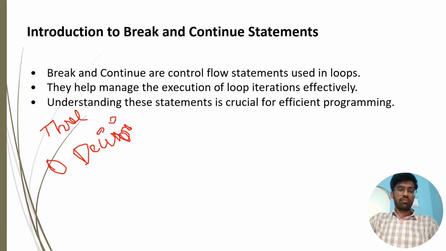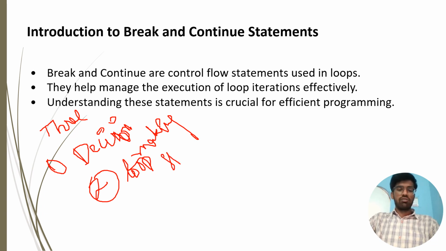Second one is looping statements, where we insert any logic or repeat something and iterate. Looping statements include the for loop, while loop and do while loop. These are the loops.